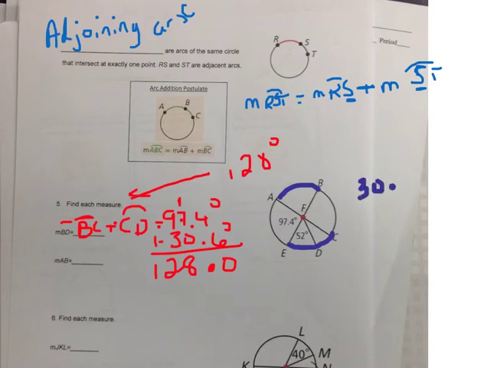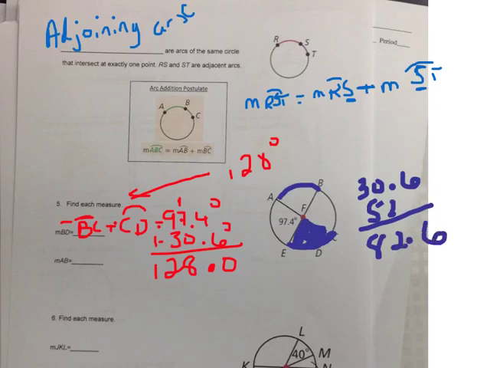Okay, so DC is 30.6 here. So that piece is 30.6, and if I add 52 to it, that would be this whole angle right here. That would make the whole thing 82.6, and that's what AB would be. So let me write that in, 82.6 degrees. Okay, we're going to measure in degrees right now.